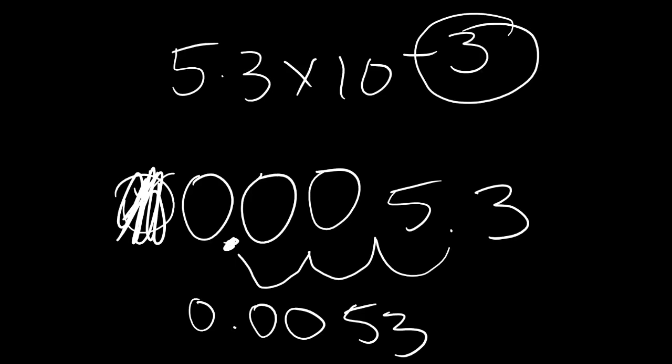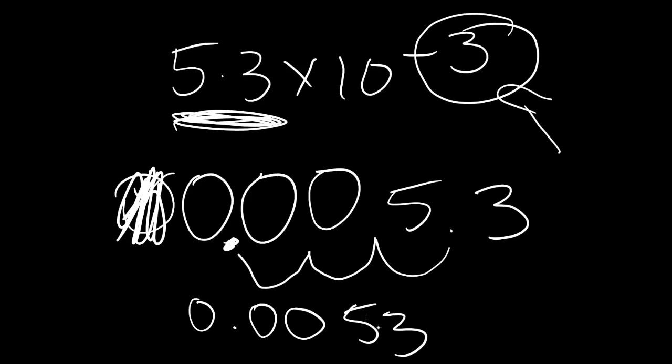If it didn't make sense, you can just look at what you hopefully wrote down, which is that if the number that you're trying to represent is bigger than the number that's inside the scientific notation, then your exponent should be positive, and if it's smaller than the number that's inside the scientific notation, then your exponent should be negative. In this case, it is negative, which means the number that we're trying to represent should also be smaller than the number that we are putting inside our scientific notation.